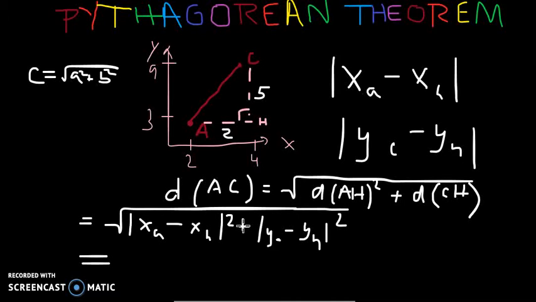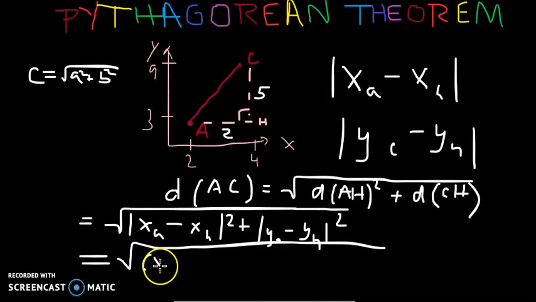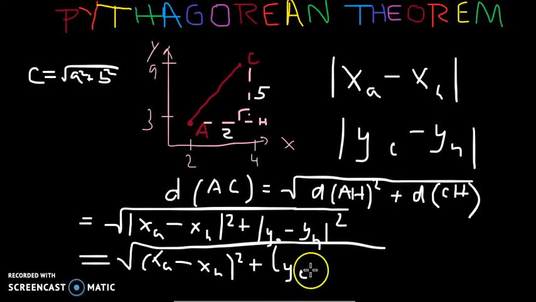So we can say that the distance between A and C equals the square root of (XA minus XH) squared plus (YC minus the Y of H) squared. Now we're almost done. There's just one thing left that we have to do. So we have this H right here.